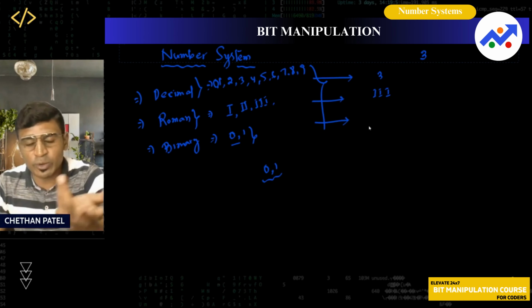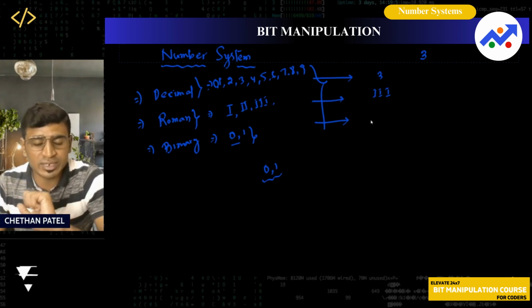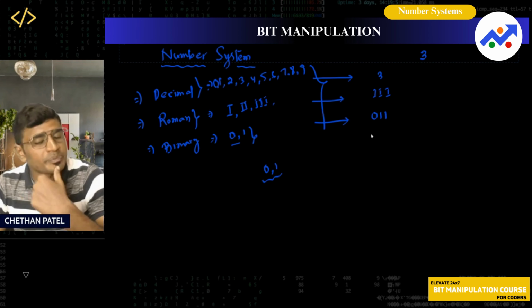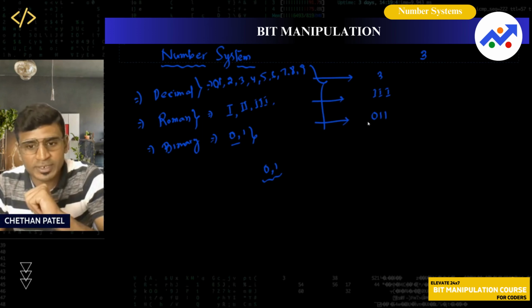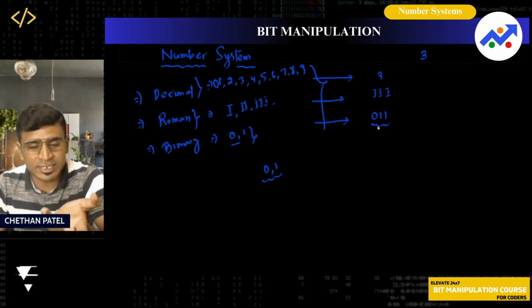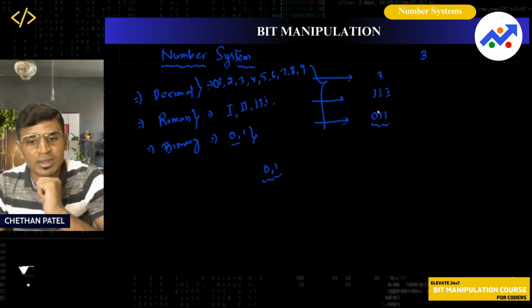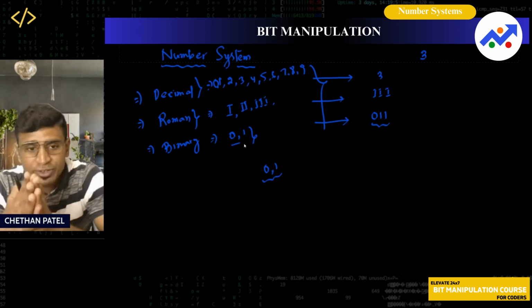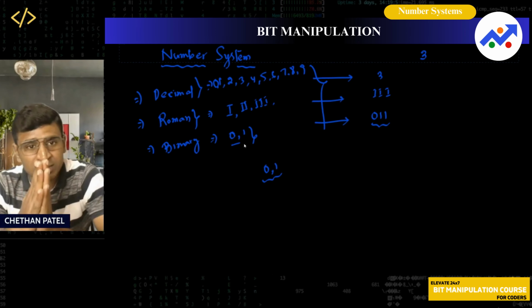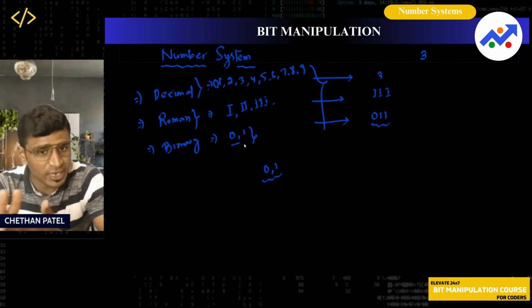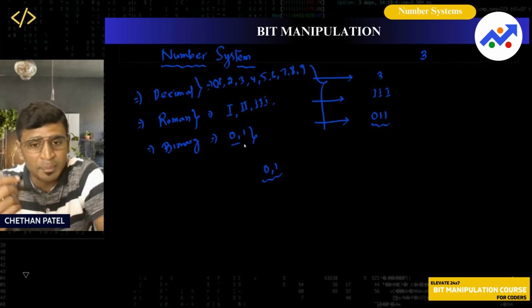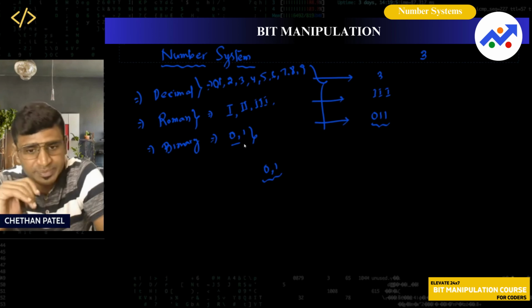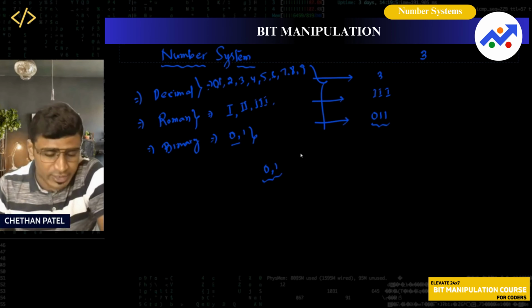We write three as something like 011. Don't worry about how I wrote this. This is just a three-bit representation, but this is how we write three in the binary number system. What we understood here is that a number system is just a mathematical notation or representation to represent numbers.